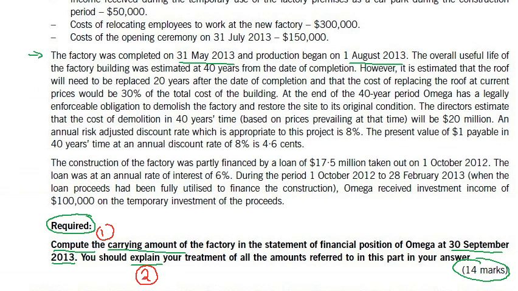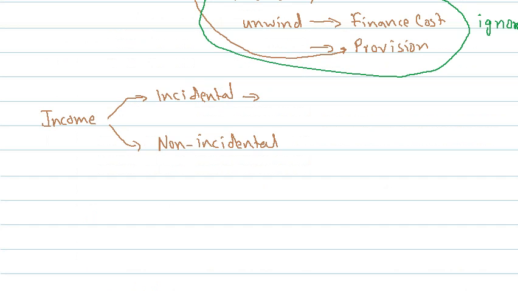1400. The overall useful life of the factory building was estimated at 40 years from the date of completion. However, it is estimated that the roof will need to be replaced 20 years after the date of completion, and that the cost of replacing the roof at current price would be 30% of the total cost of the building. This is an example of a complex asset.